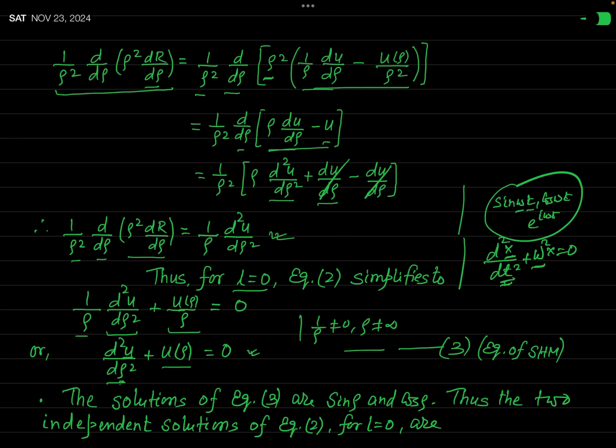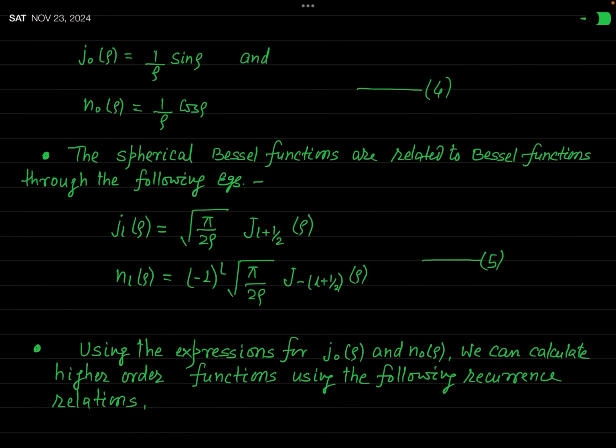So you can easily say that the solution of this very equation 3 will be sine rho and cos rho. I have not written the constant factor multiplied to it. And that's why when L is equal to 0, the two independent solutions of this equation 3 are written like this. This is j0 of rho. Here the subscript 0 is in place of L. So j0 will be equal to 1 over rho sine rho.